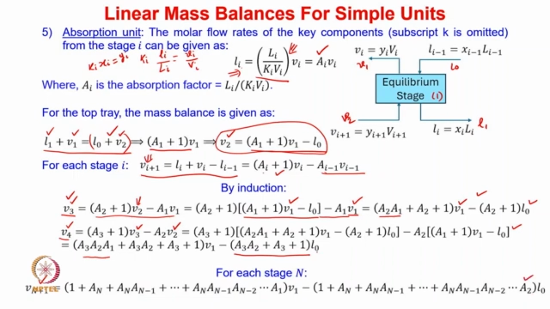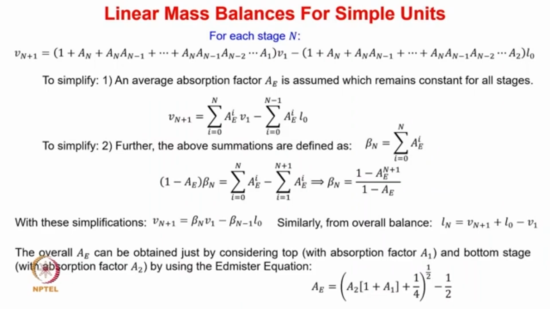Once we have obtained the expression for Vn plus 1 by using induction, this entire equation we can write in terms of summation. So this is the equation which we have obtained. Vn plus 1 can be obtained as follows.